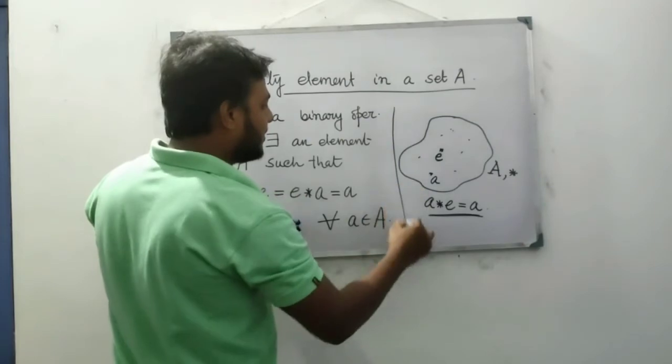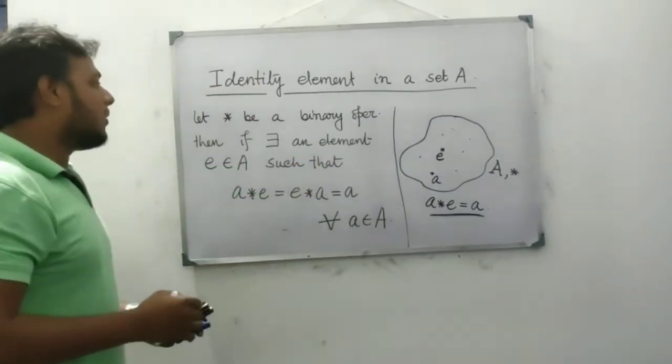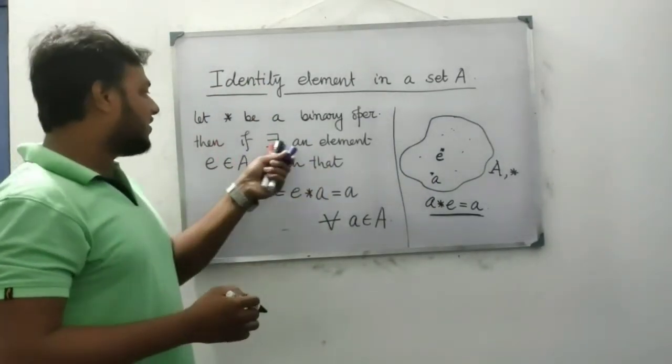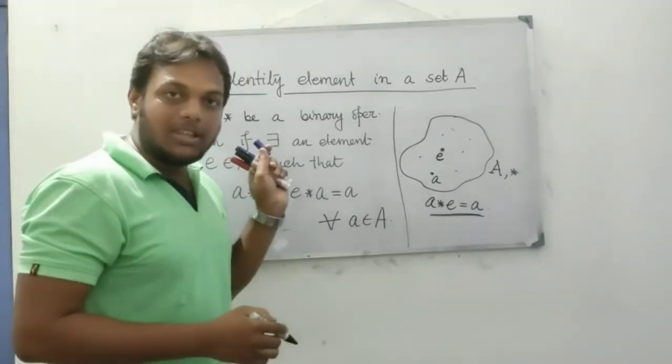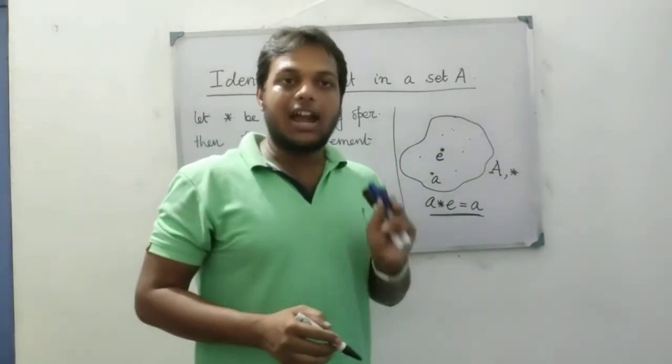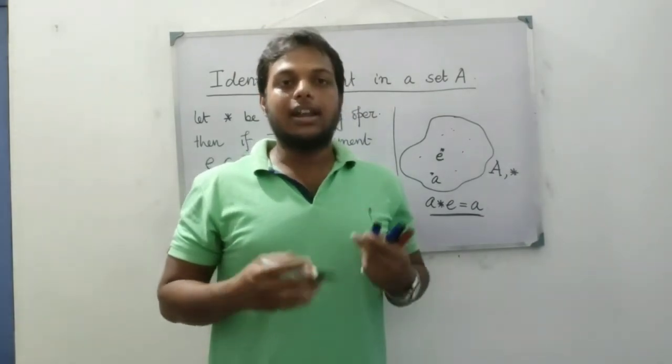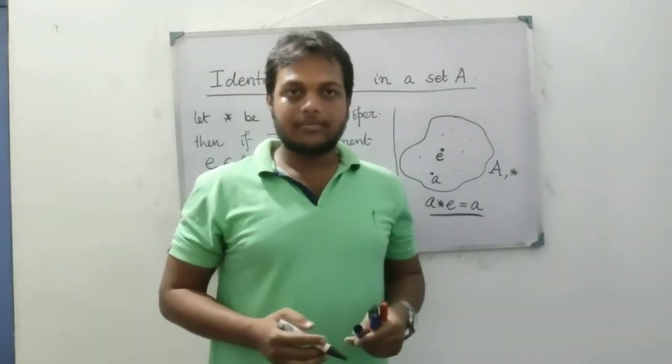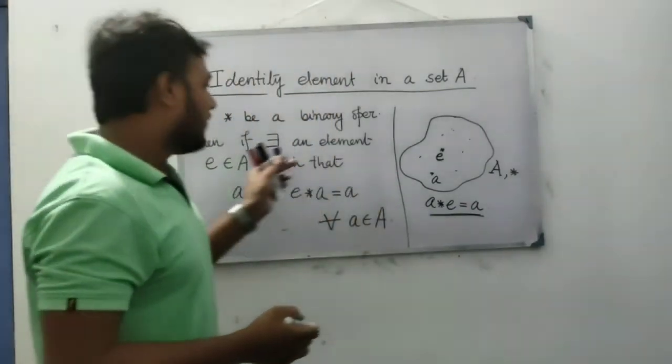So this is the definition, that let star be a binary operation. Then if you get the existence of such an element, then you can say identity element exists. Otherwise identity element does not exist. Is it clear? So this is the definition.